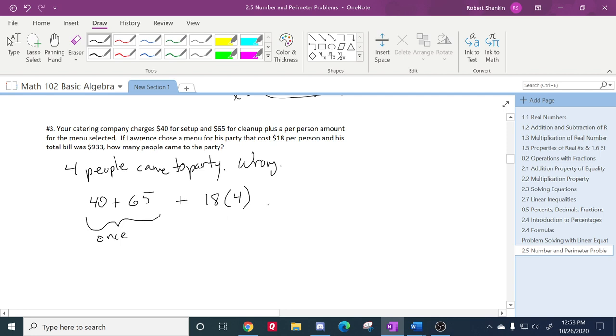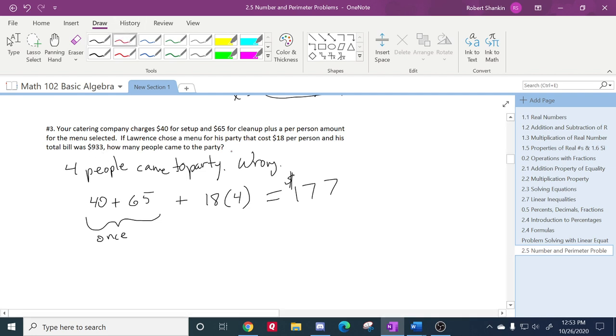And this is going to turn out to be 18 times 4, 72 plus 105 is $177. And it's not nearly the 933.